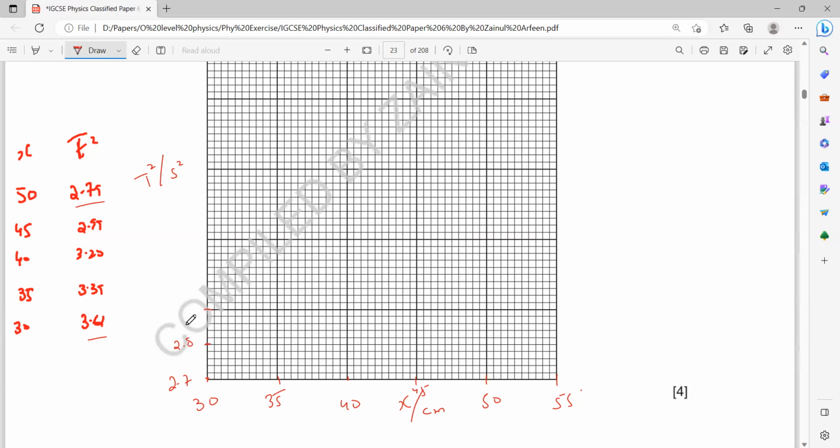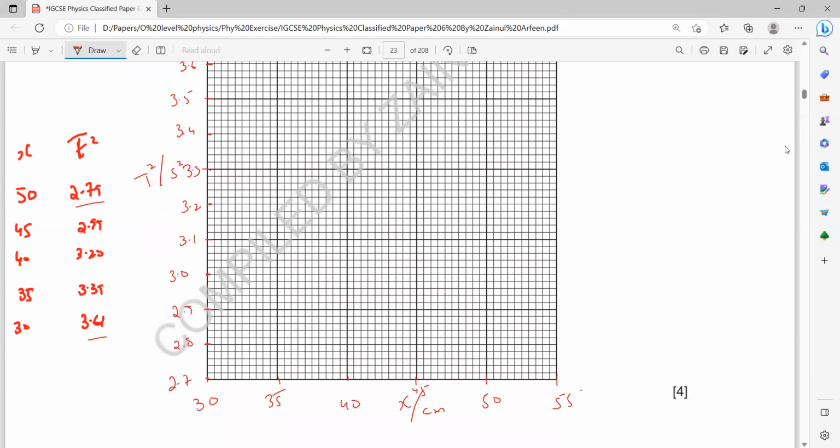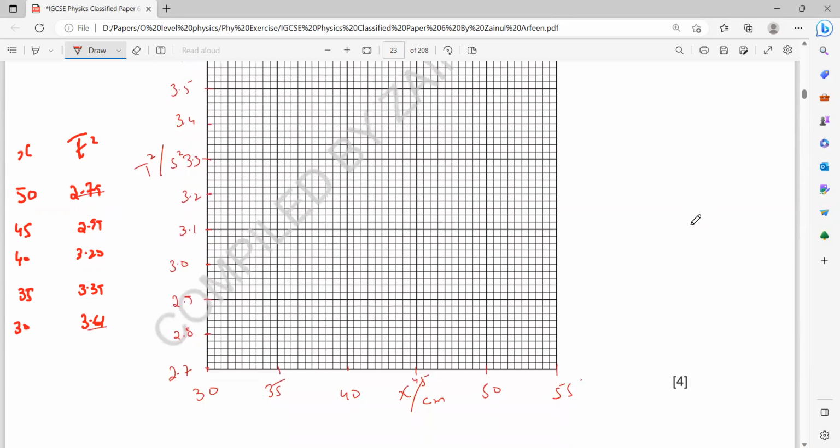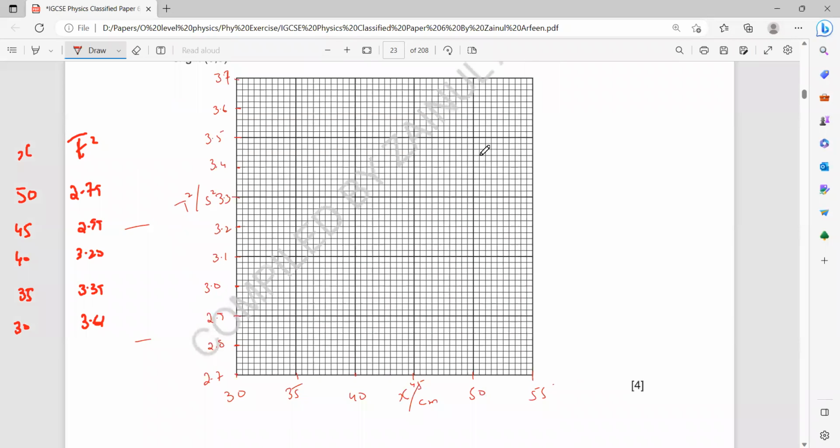So this will be 2.8, 2.9, 3.0, 3.1, 3.2, 3.3, 3.4, 3.5, and 3.6, 3.7. So we cover more than 70% for both axes. Then we have to plot the result.